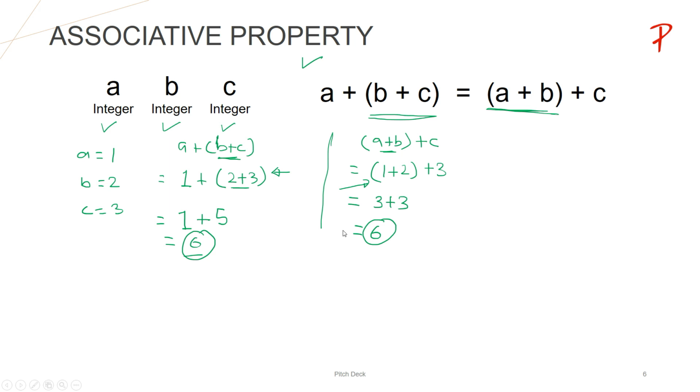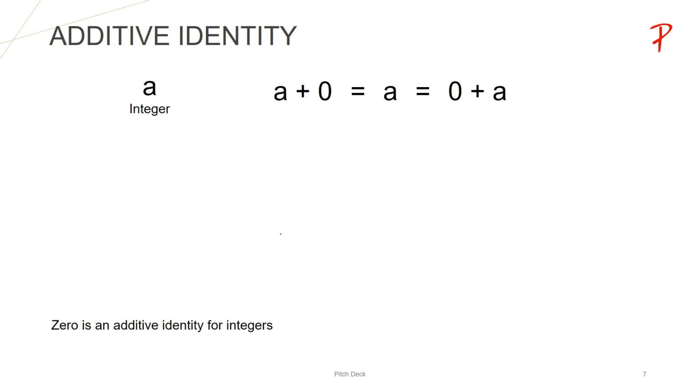Okay, let us move to another property. This property is additive identity. What it says is, if 0 is added to any integer, its value does not change. So say for example, a is an integer, its value is 10. If we are adding 0 to a, I'm adding 10 and 0, its value is 10, right?